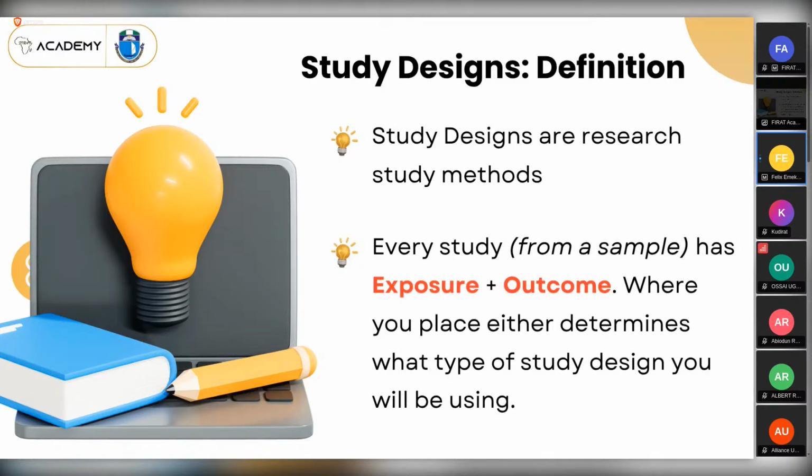Where you place the exposure and the outcome is what determines what study design you would be using. So when you have this in mind, it's easy to say, because the exposure is here and the outcome is here, this is the best study design for this study.